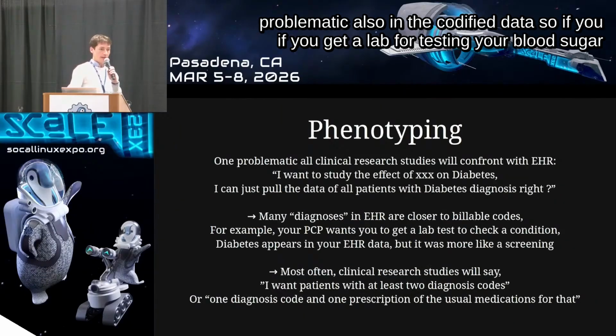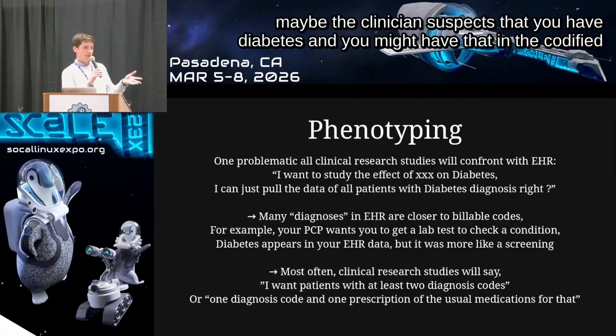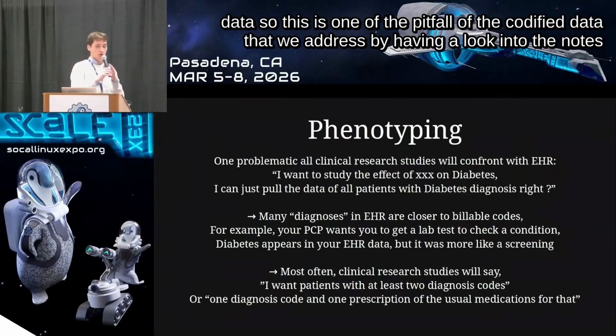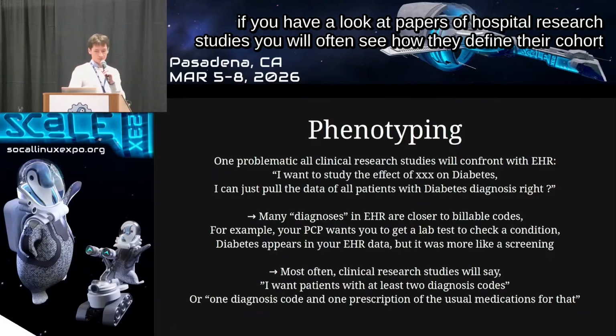And we see this problematic also in the codified data. So if you get a lab for testing your blood sugar, maybe the clinician suspects that you have diabetes, and you might have that in the codified data. So this is one of the pitfalls of the codified data that we address by having a look into the notes.